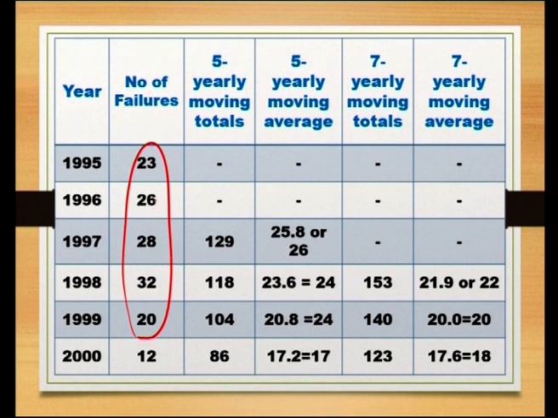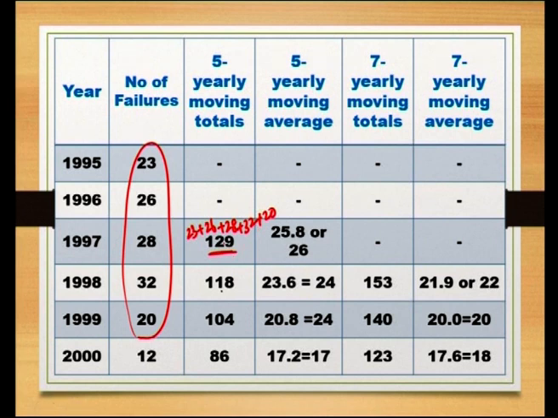The middle of the first 5 values is 28, corresponding to the year 1997. For the first 5-yearly total, the middle is 28, and here it is written.